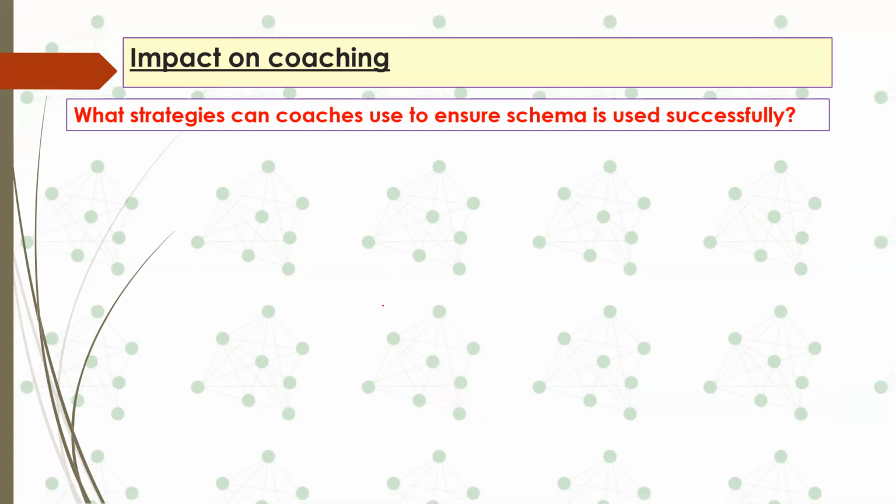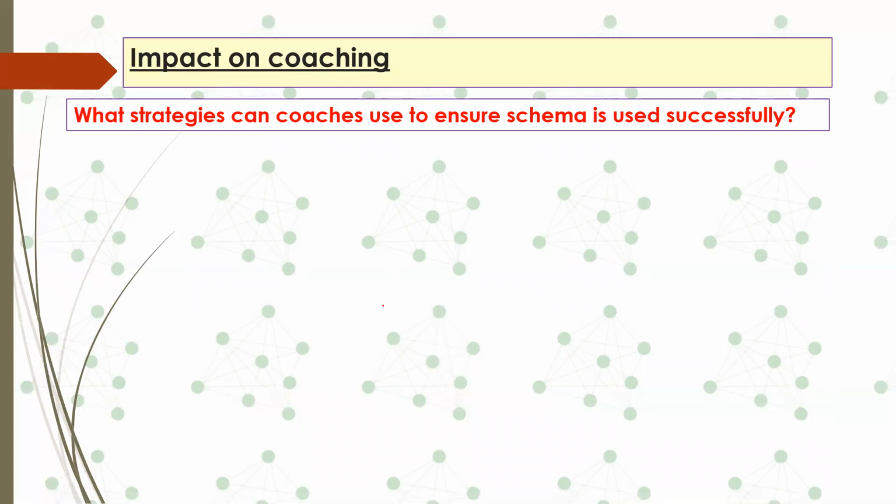What strategies can coaches use to ensure that schema theory, so these little adjustments and these links and these adaptations, can be made to ensure that your technique is then successfully applied in similar sporting situations. Have a think, try and note a few down before we go through them on the list.